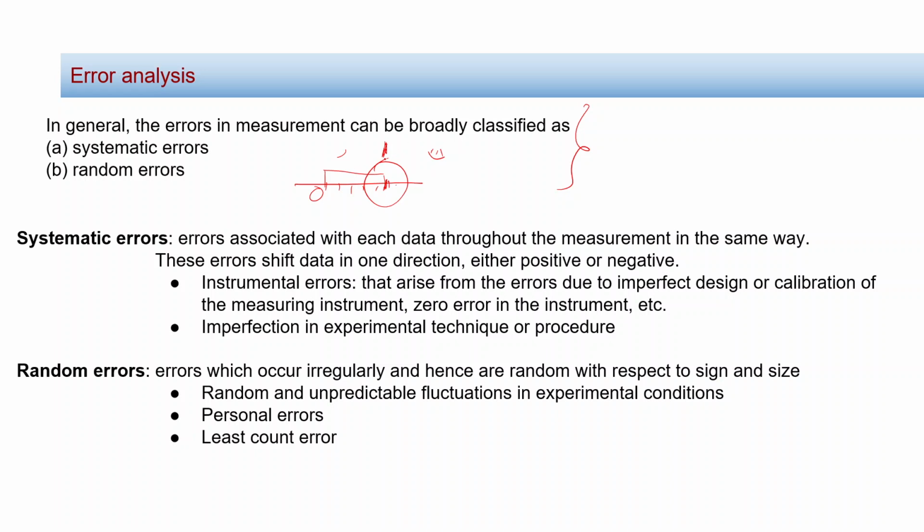So this is personal error, but there are some other kinds of errors from various sources: instrumental error or imperfection in experimental technique. Like zero error, when we were discussing the vernier caliper also, maybe the main scale and vernier scale zeros are not matching, then positive or negative zero error may happen.